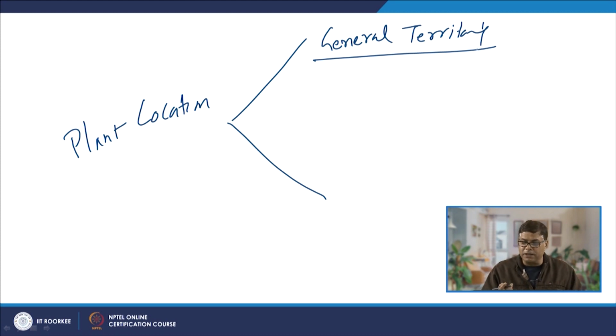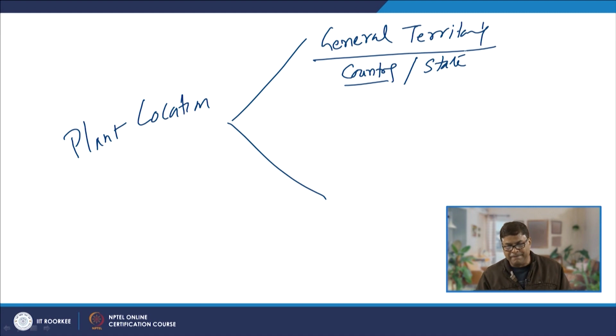It may think of which country the organization should go for manufacturing or locating a plant. If the company is not thinking at international level, then it may think of which state will be more effective to locate the plant. So, this is about the selection of the general territory, which country or which state we should go for.